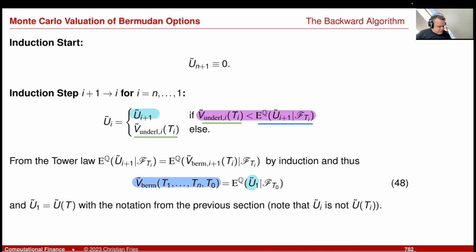So we just need to do the unconditional expectation once on this random variable. The conditional expectation operator is still there, but important, it is only in the decision. So the conditional expectation operator is only here in the exercise criteria.